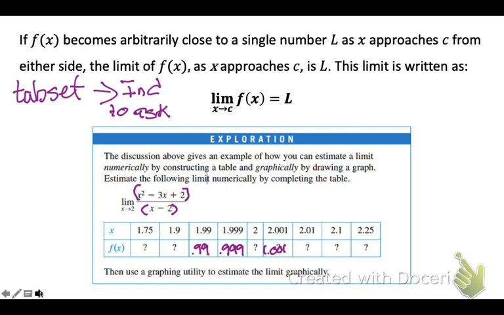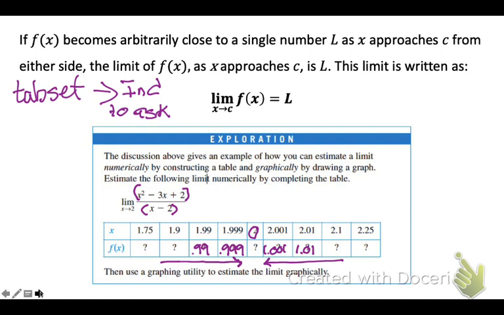What's the next one? 2.01 should be 1.01. Yeah, I messed it up. Okay, so what number are these values approaching from the left? 1. What are they approaching from the right? 1. So the limit as x approaches 2, because at 2 it's undefined, yes?